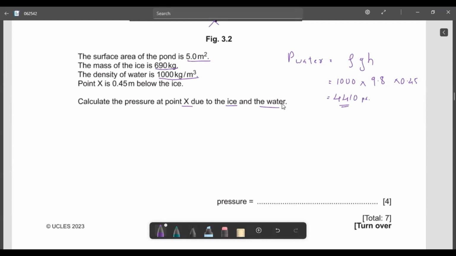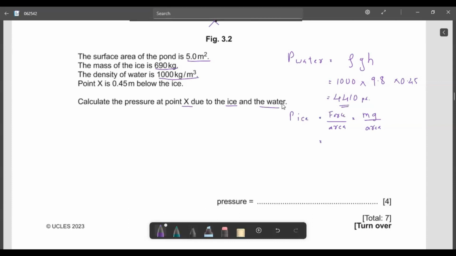So next we will find the pressure due to ice. So weight is given here. The equation for pressure can be written as force by area or weight by area. So force is mass into acceleration due to gravity, by area.